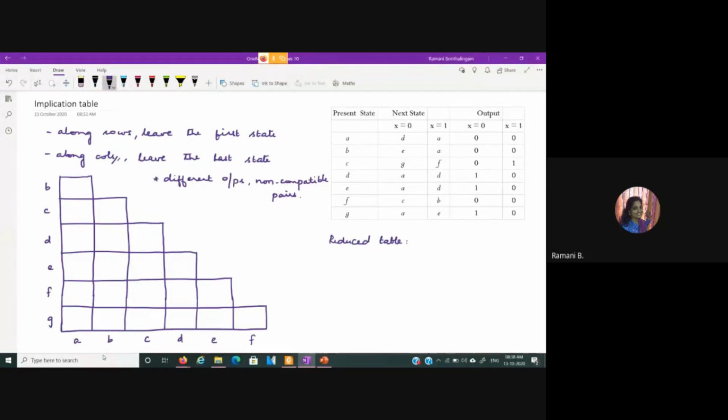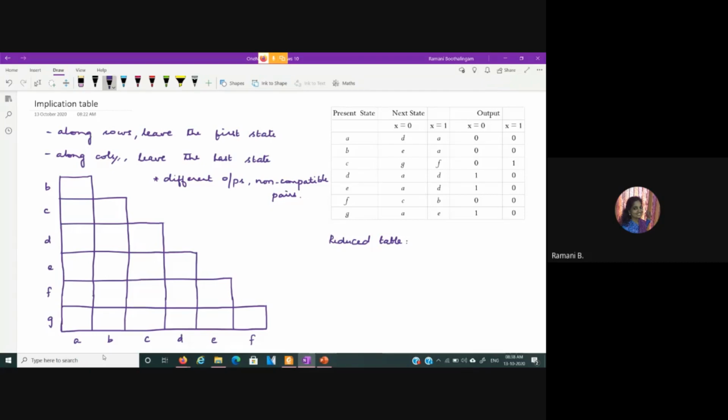Comparing A with B, you can see that under the given input conditions, both the states have the same output. Next we compare the next state values. For x equal to 1, you have the same state. However, with x equal to 0, you are having different states.